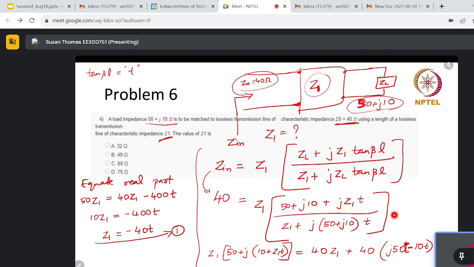Similarly, can you equate the imaginary part?